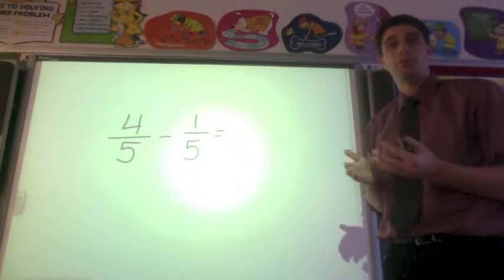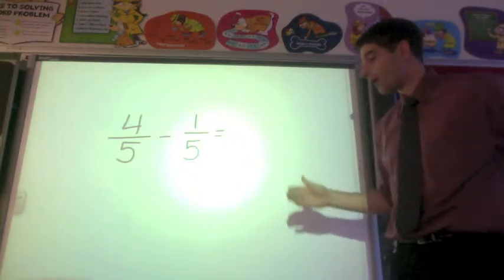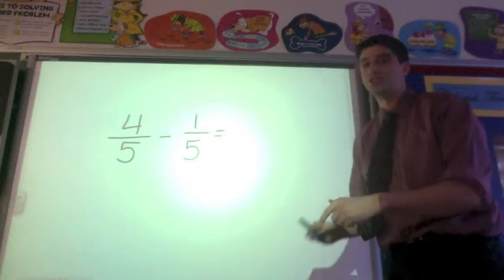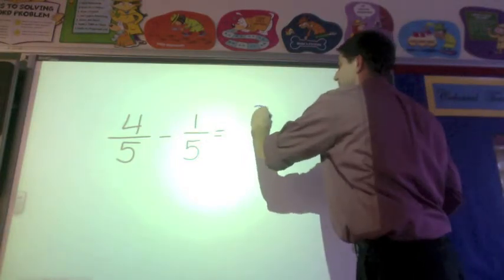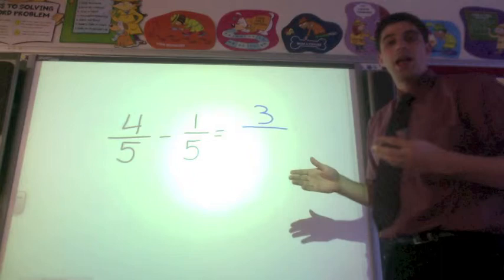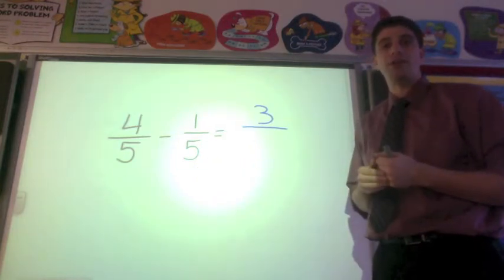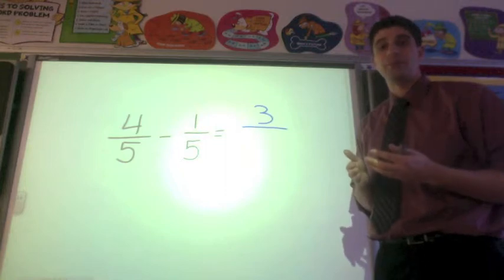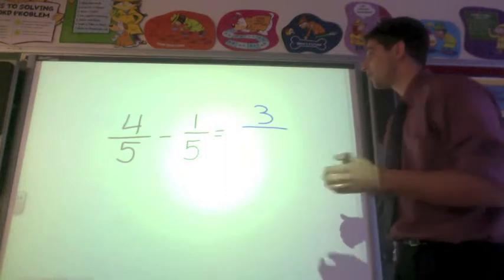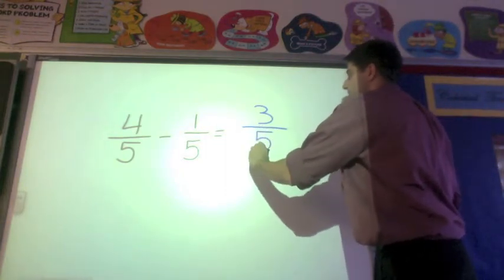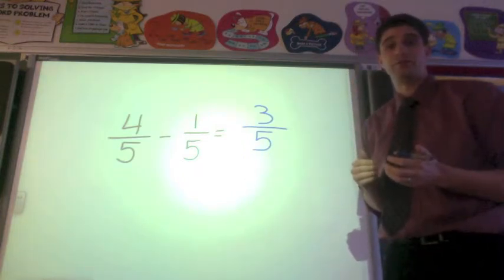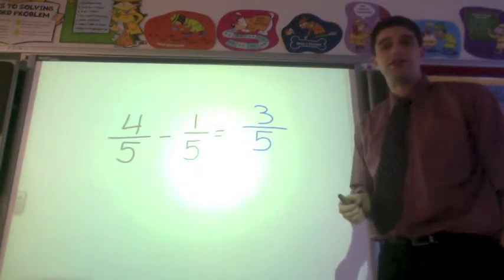Just like addition, but it's only subtraction. 4 minus 1 is, if you said 3, you're right on. And again, just like with addition, we do nothing with our denominators. We keep them the same. So, my answer is 3/5. Let's see if that's in simplest form.